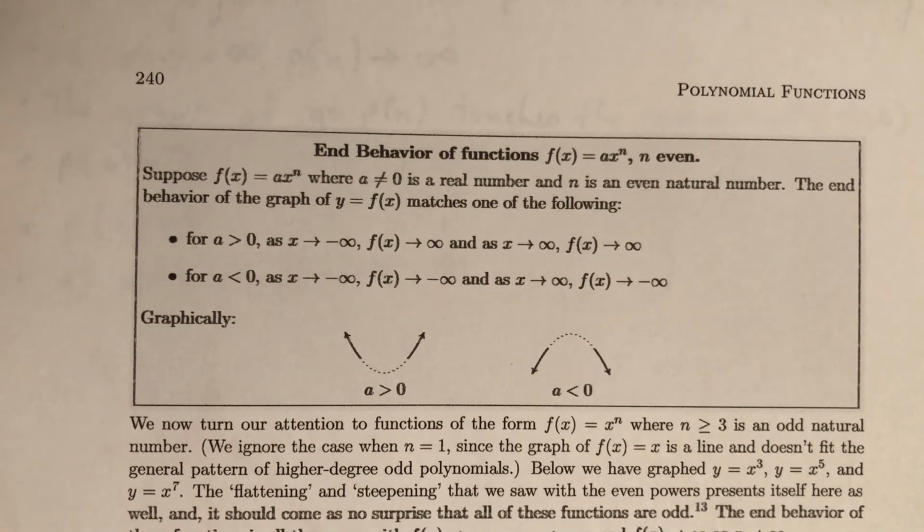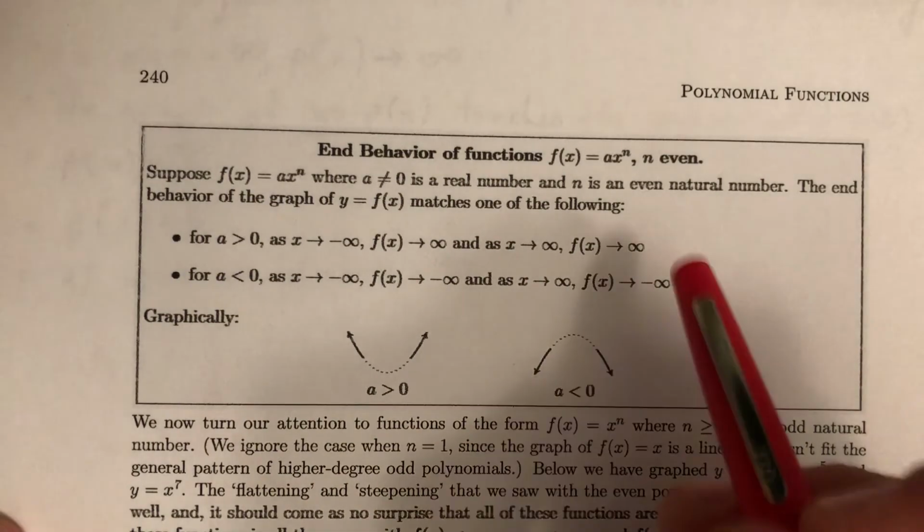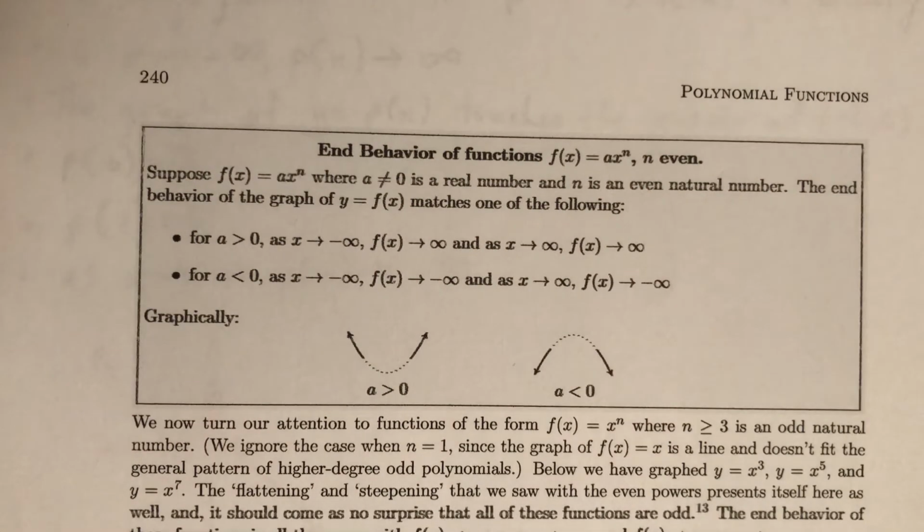Something that happened, I think probably on page 239, was that we found that the only thing that really matters when we're talking about end behavior is the degree of the leading term and the sign of the leading coefficient. So the degree of the leading term can either be even or odd, and the sign of the leading coefficient can be either positive or negative. And we've got some options here.